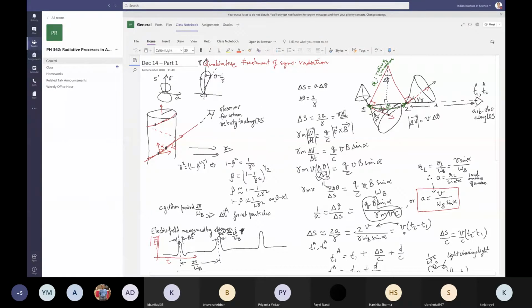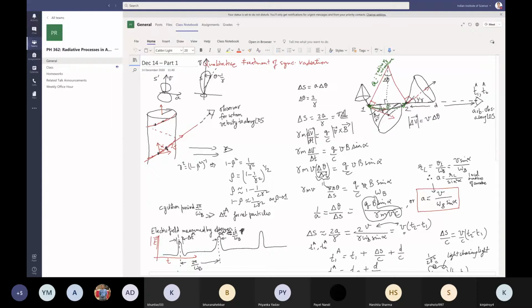And then we looked at this picture in which we consider this part of the orbit and an observer, and we see that this observer sees intense light only for a short duration, only for a small part of the full circular orbit.